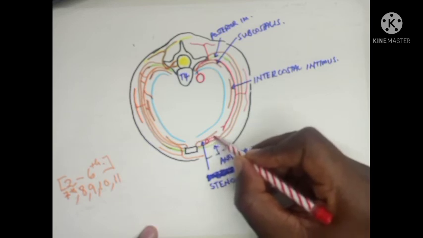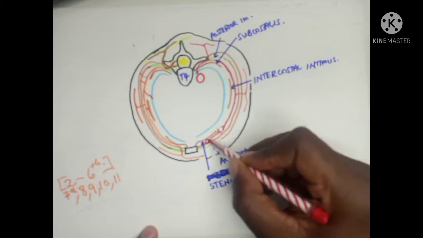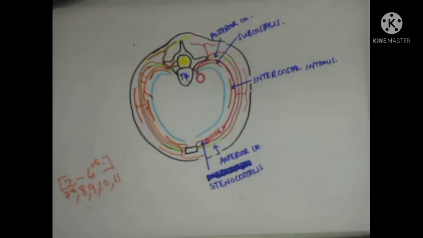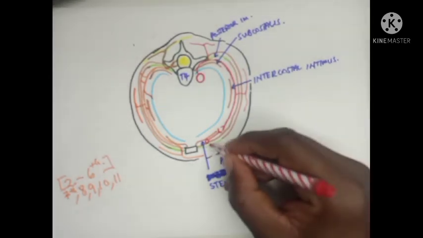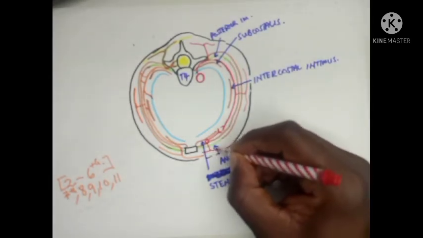But as it descends, it will give an anterior intercostal artery there, which will anastomose with the posterior intercostal artery, and it will also give a perforating branch that will supply the skin and the subcutaneous tissue in the front like that.